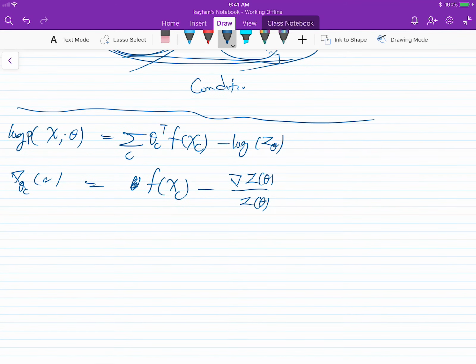As I told you earlier, z is e to the power of a. So the gradient of this with respect to z is going to be the gradient of a with respect to theta c, e to the power of a theta c. So what is this from last time?